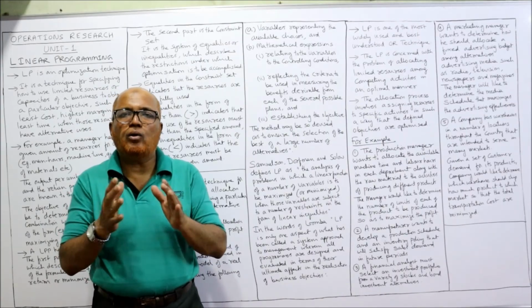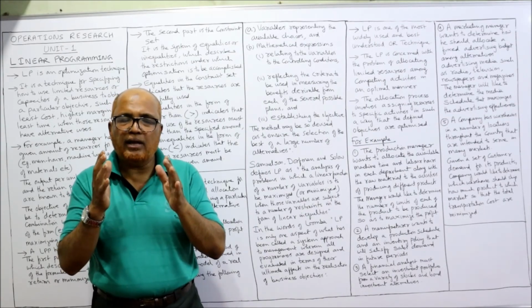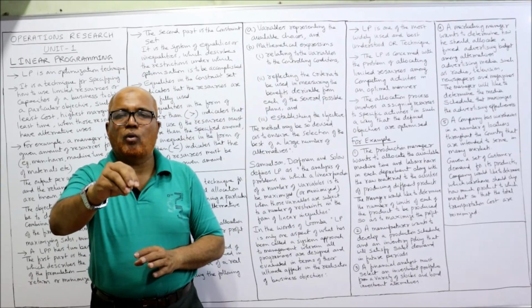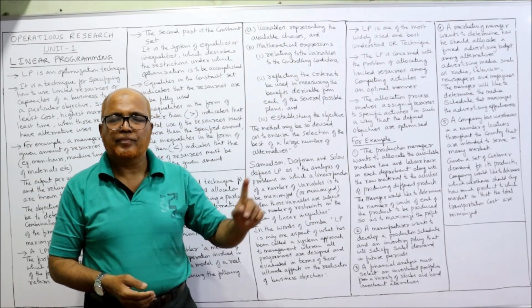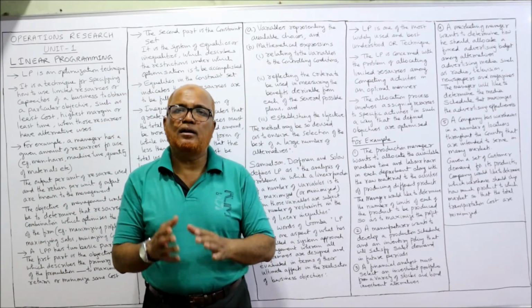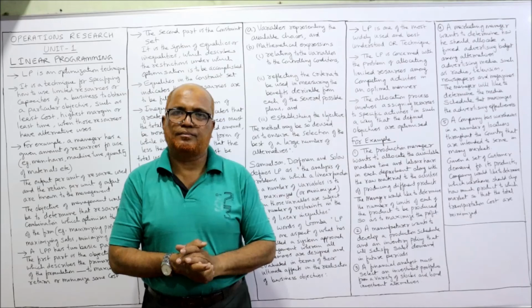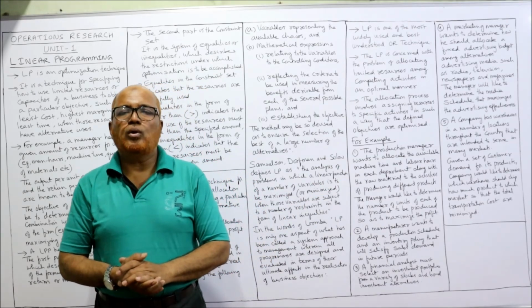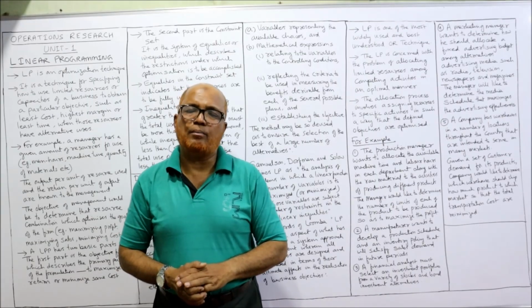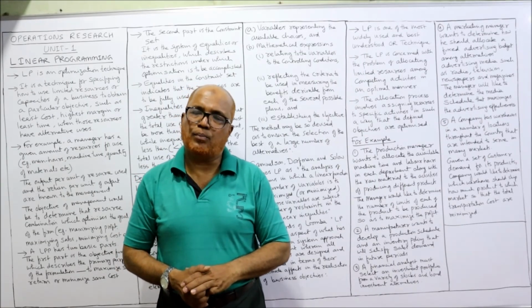So how to decide how many units should be transported from origin to destination? Again, linear programming will be very much helpful in transportation problems. So these are only a few areas where we can apply linear programming in order to solve a problem.